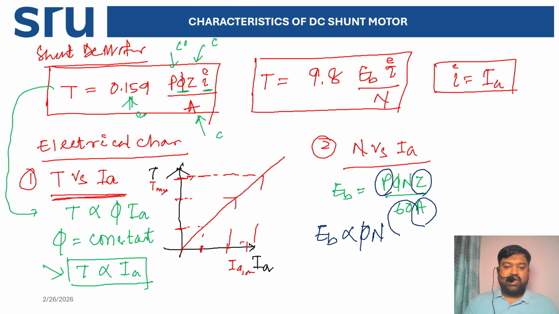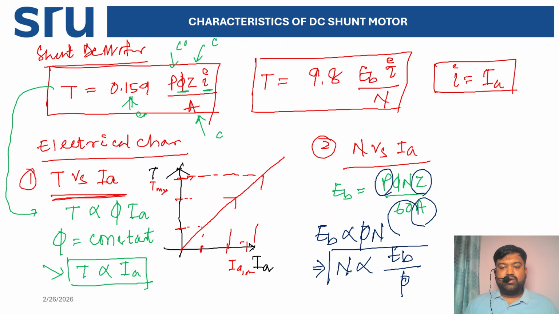And from this you can derive easily the relation, that is your speed versus Ia, meaning N is directly proportional to EB by phi, right? If N is directly proportional to EB and inversely proportional to phi, then we can derive the relation.